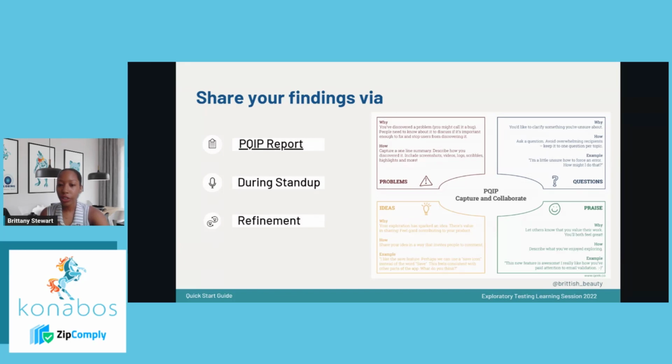For example, when you have a blog, you can share any problems that you found there. I've also found it helpful to share it in refinements or even retrospectives. If there was anything that went well, from a praises section, you can include those.